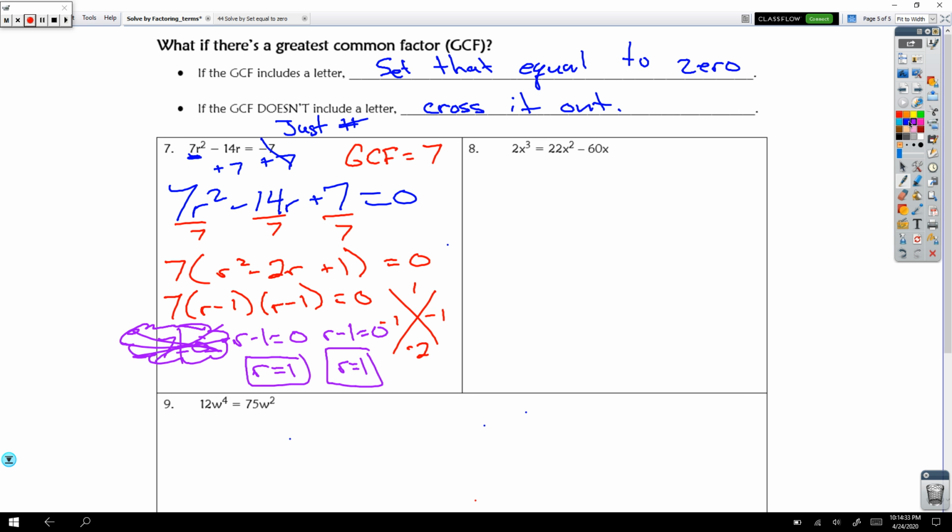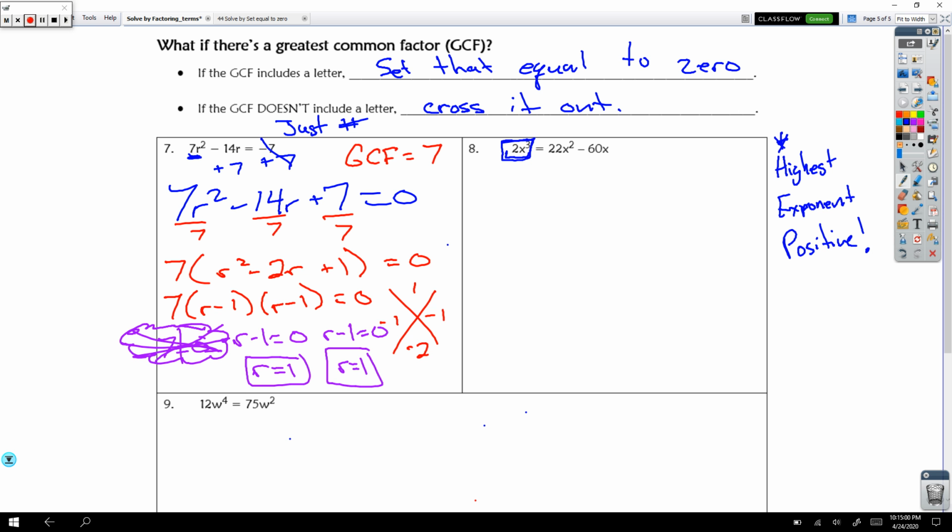All right, so let's look at number 8. In this case, our biggest variable is this 2x to the third. So that's the thing we want to make positive. So that's a little side note you can make. We always want the highest exponent to be positive.